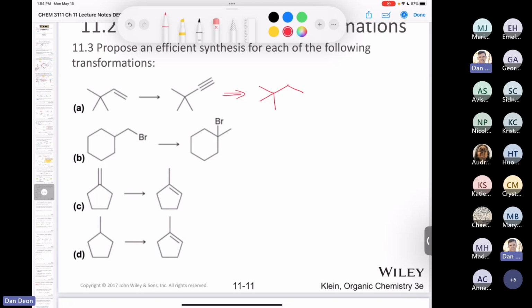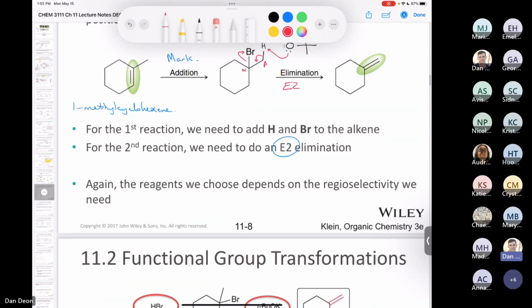We can't make it via alkylation because we're not changing the carbon skeleton. The only place this could come from is what? Anybody? Where would this have to come from? No, it's not hydrogenation.